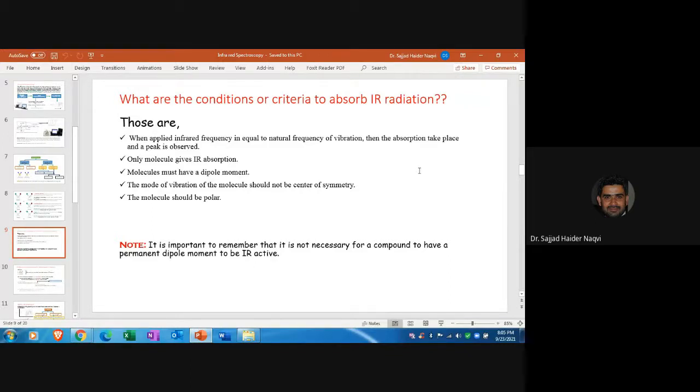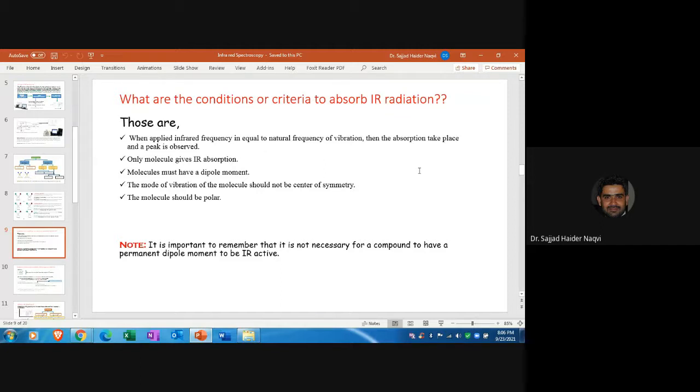There are certain compounds which are polar, but under normal conditions they don't have a dipole moment. The reason could be that they are symmetric. But as a result of the absorption of the IR and the bending and stretching of the vibration, that results in the development of a dipole moment. So dipole moment is something related to the compound's polarity.